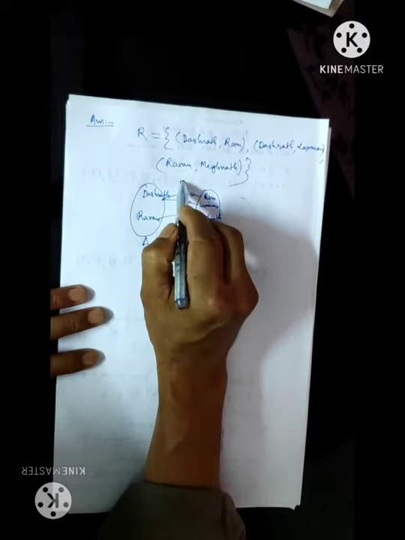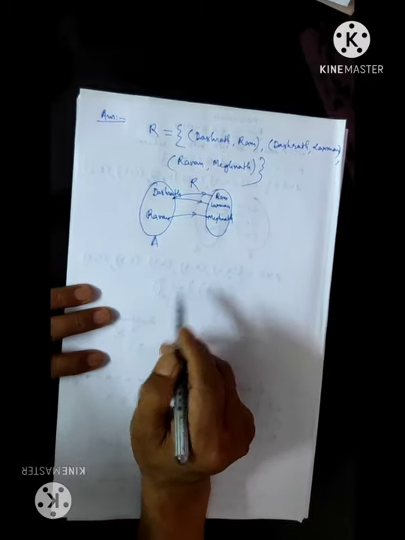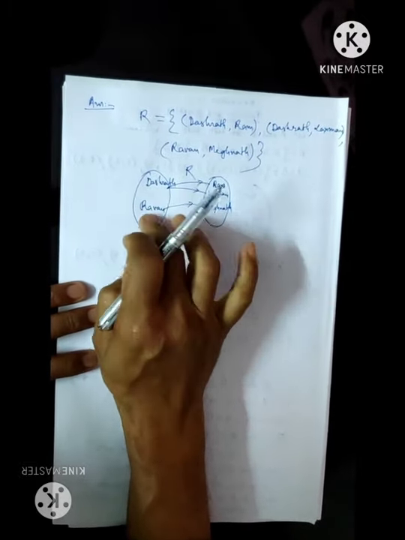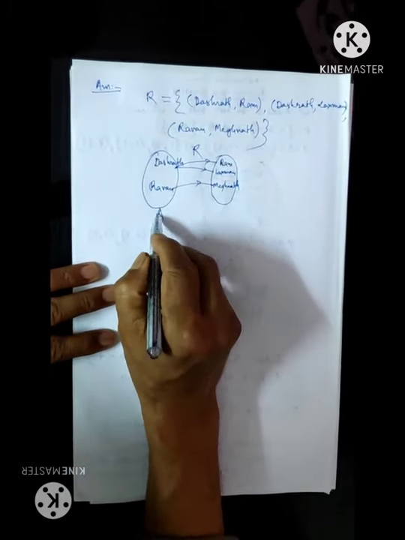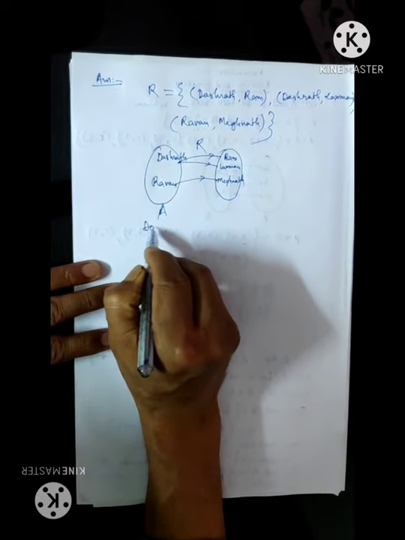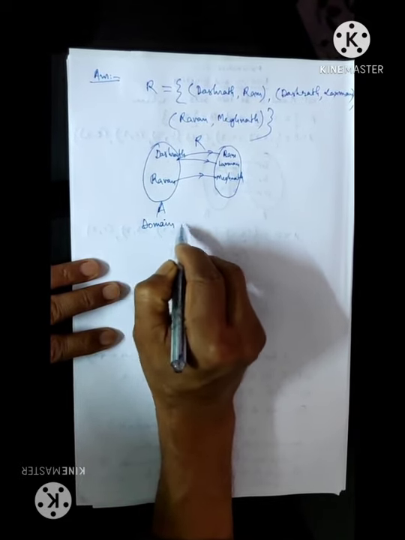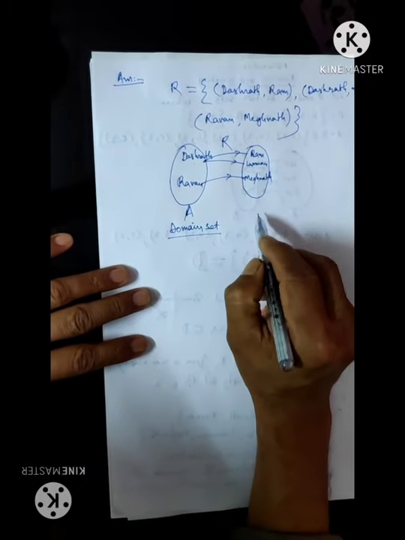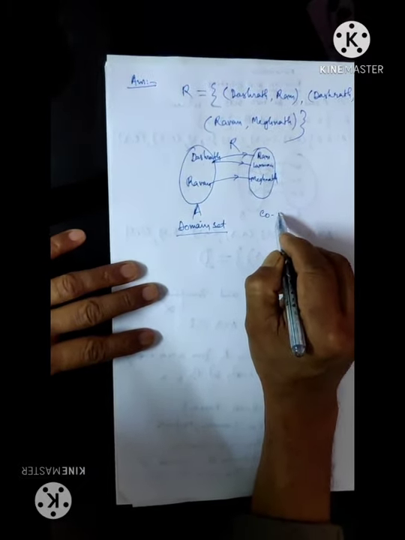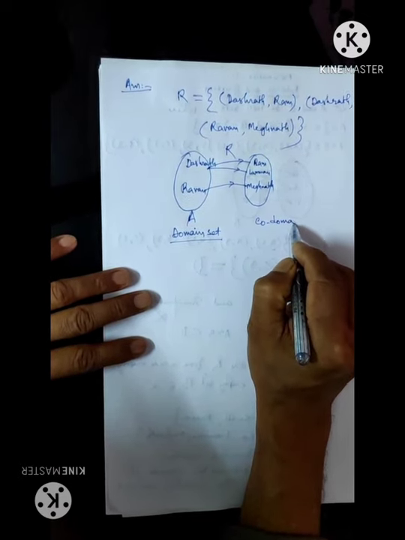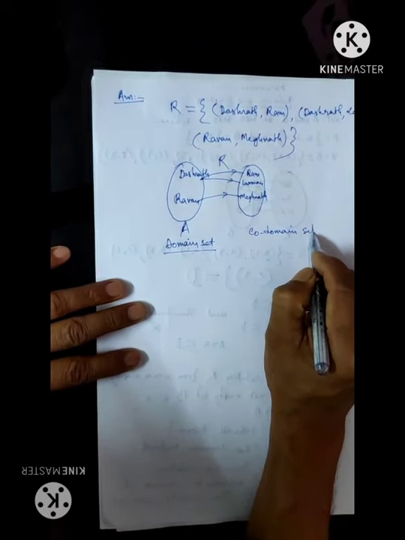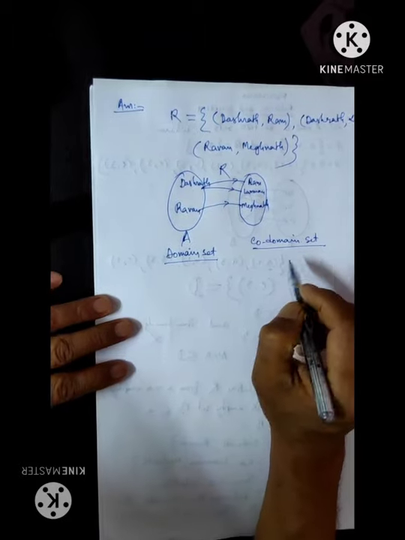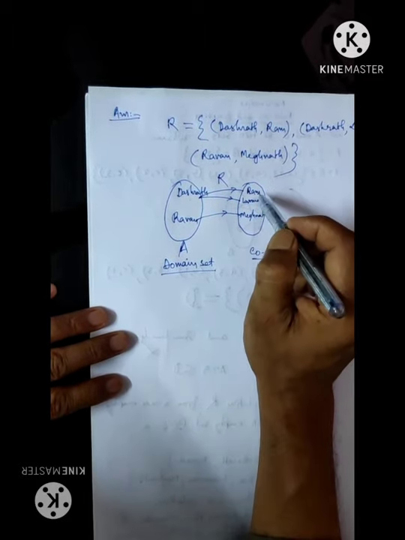It is a relation. In these relations, this set is called the domain set, and this is called the codomain set, and the range is this.